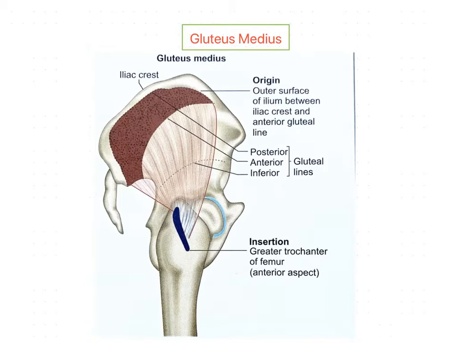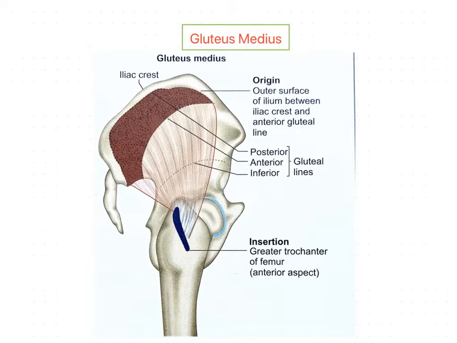So, we have seen the muscles which are arranged below the gluteus maximus muscle, from above downwards. The first muscle is the gluteus medius, then gluteus minimus, and then we find piriformis.